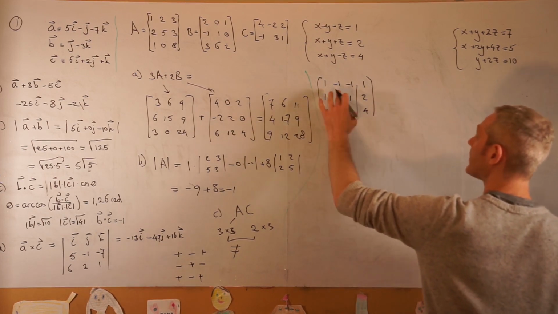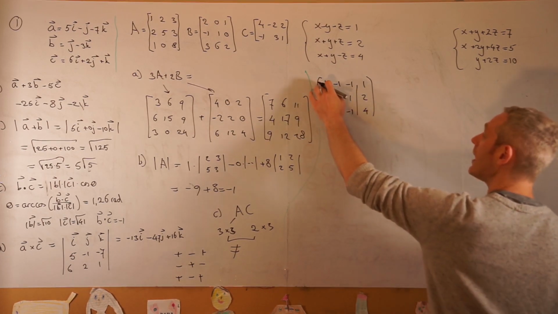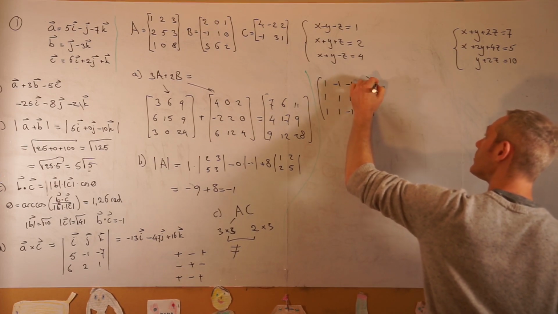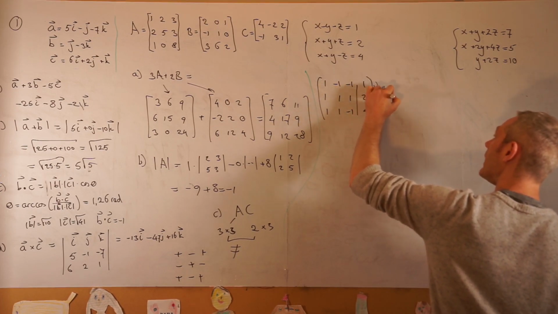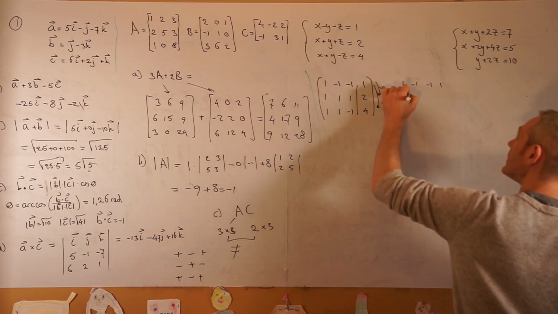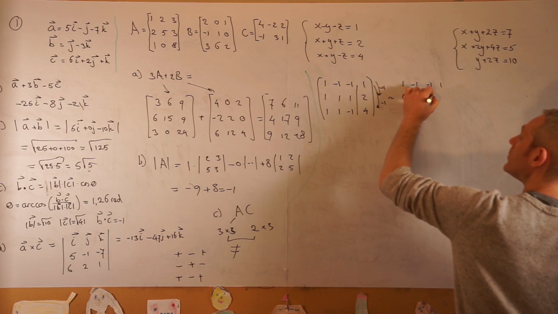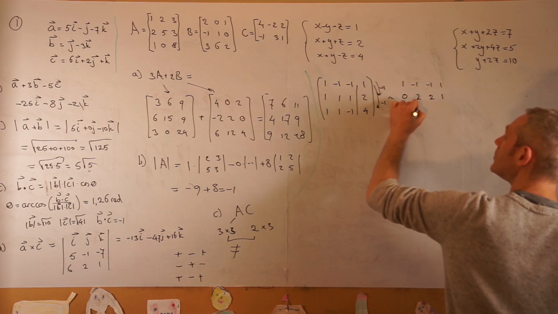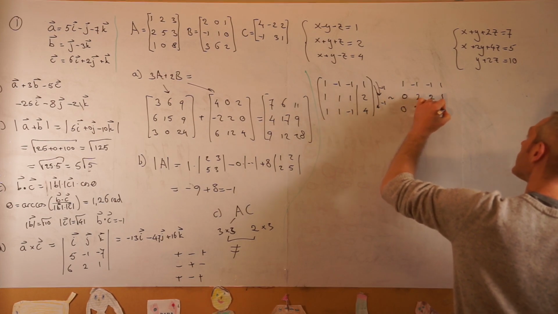So I subtract the first one from the second one and the first one from the third one. And I get 1, minus 1, minus 1, 1, 0, 2, 2, 1, 0, 2, 0, 3.